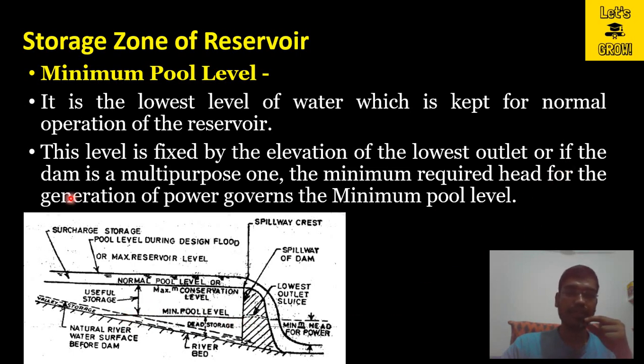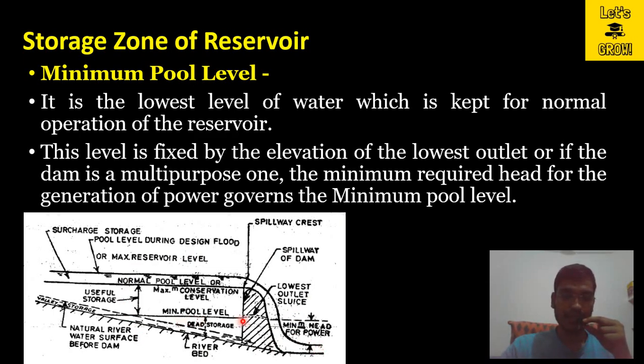Or if the dam is a multi-purpose one, the minimum required head for the generation of power governs the minimum pool level. Suppose there is a hydropower plant also. To run that hydropower plant, a certain minimum head is required to generate the power.